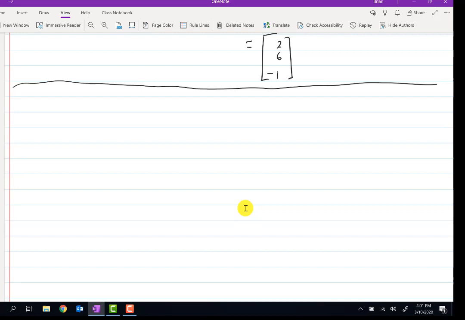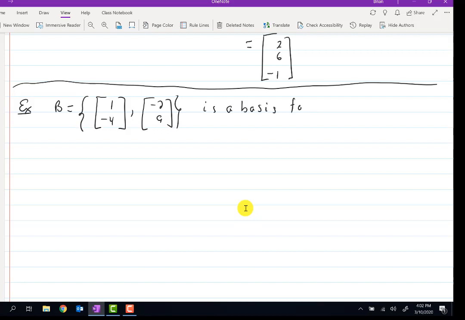Another example. This time I'm going to let b be the basis 1, negative 4, comma, negative 2, 9. This is a basis for R2.